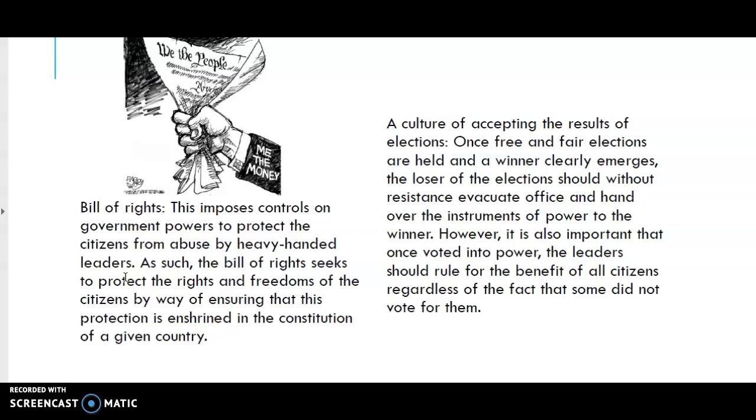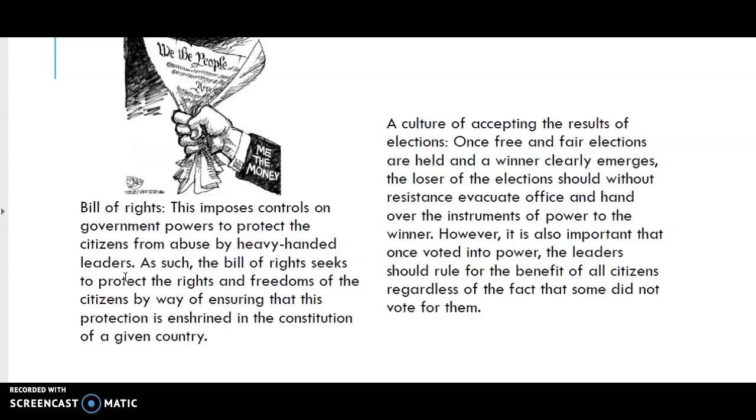But in a democratic government, there should exist a culture of saying, you know what? If that was the result, the fair result, of course, not cheating or with any kind of vote buying in situations like this, we should accept who is the person who is going to be occupying that specific office, who is going to be a president, who is going to be the mayor, who are going to be the senators.